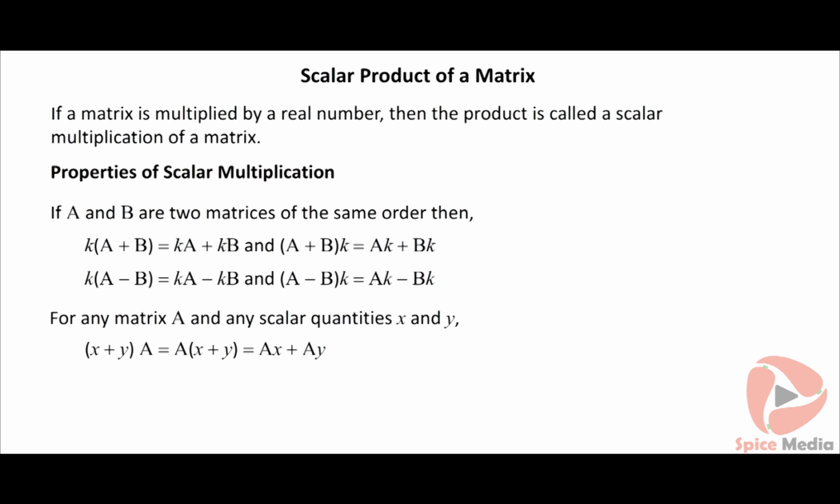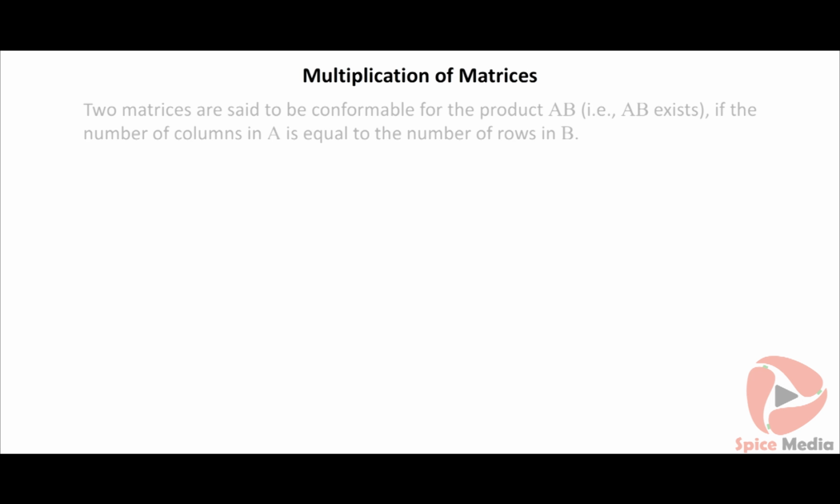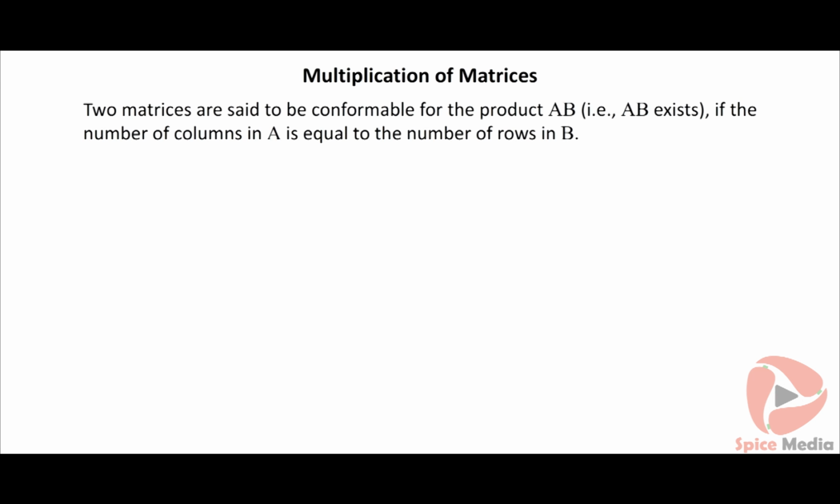For any matrix A and any scalars x and y, (x + y)A = A(x + y) = Ax + Ay.